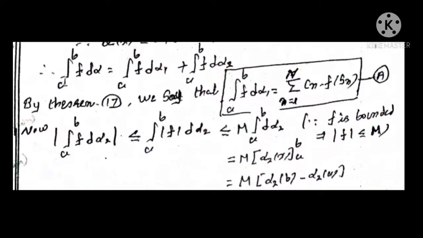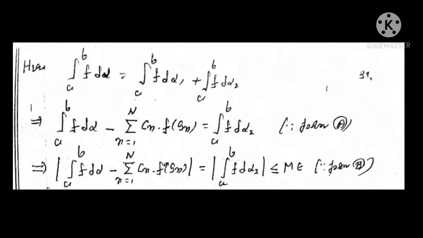This implies the RS integral of f with respect to alpha on [a, b] minus the sum from n equal to 1 to N of Cn times f of Sn is equal to the RS integral of f with respect to alpha 2 on [a, b].